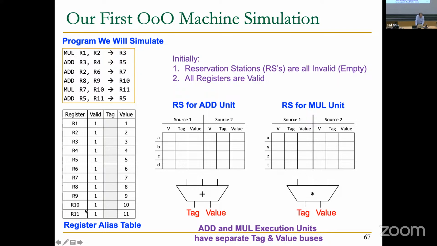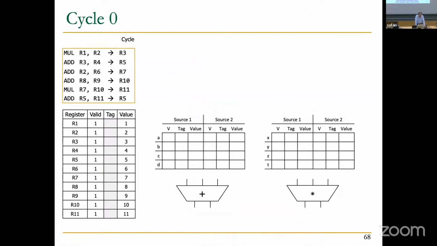So R1 is 1, R11 is 11, and so on. And we have 2 functional units. This is addition, and this is multiplication. And they have reservation stations. This is for addition, and this is for multiplication. Initially, reservation stations are all invalid, and all registers are valid.